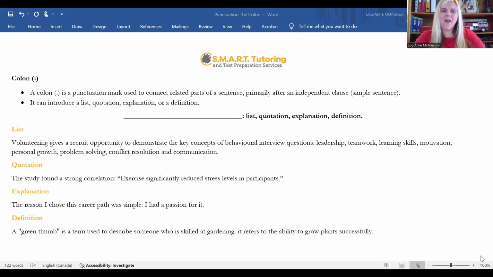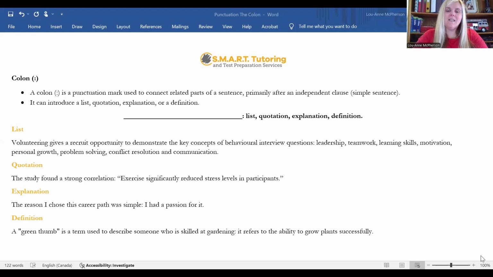Another example I have is using the colon to introduce a quotation in writing. The example is, the study found a strong correlation: exercise significantly reduced stress levels in participants. So a question that you could see on a fire test could be something along the lines like, according to the text, what significantly reduced stress levels in participants?